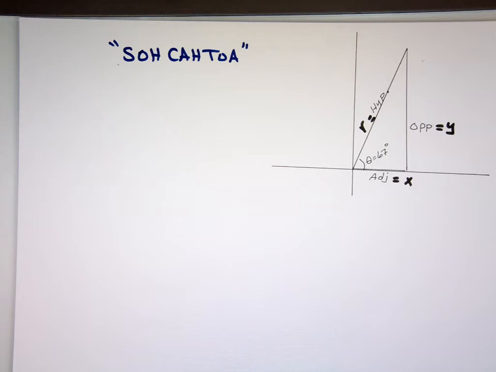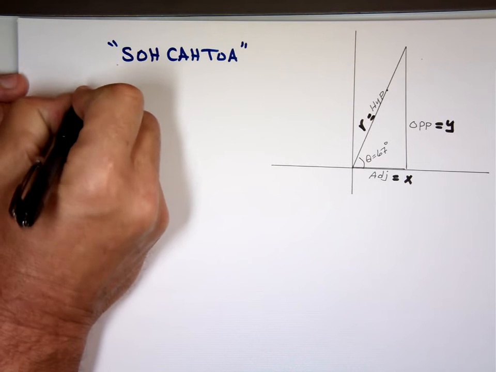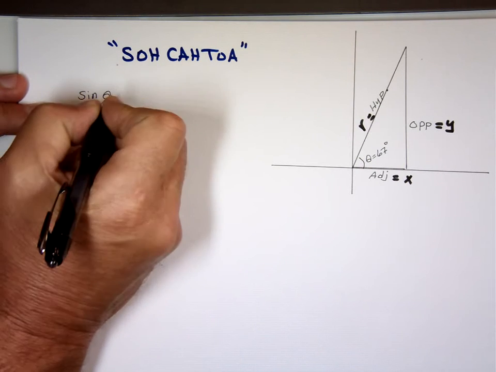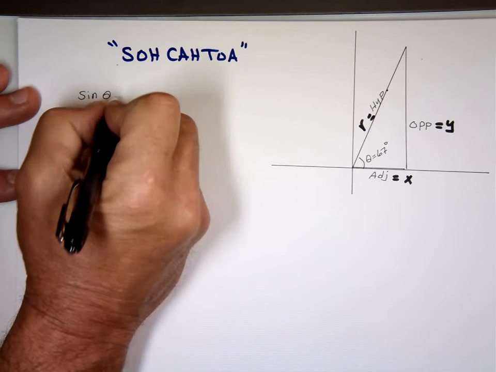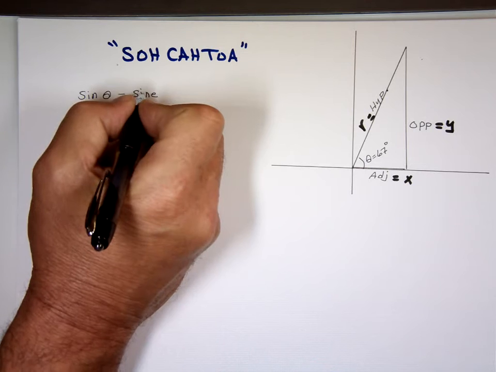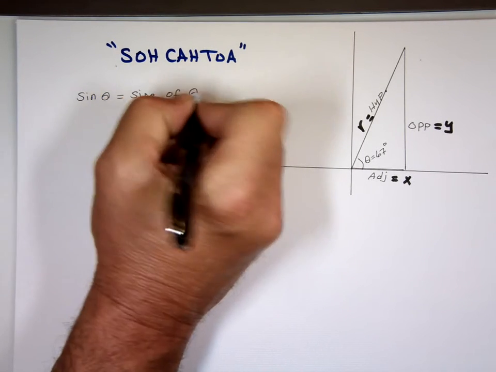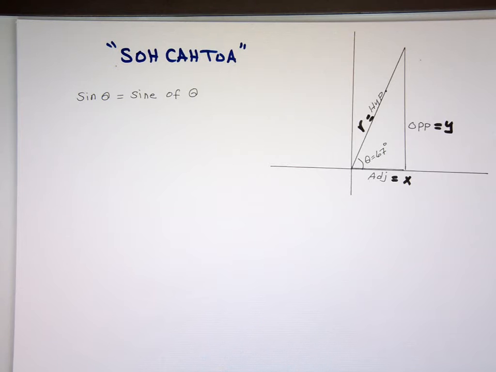What Sohcahtoa stands for, it says the sine of the angle. We use SIN for sine, but it's really pronounced sine of theta. Not sine times theta, sine of theta.